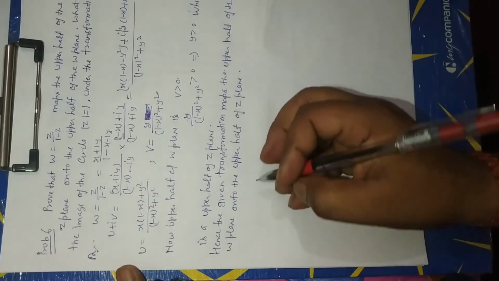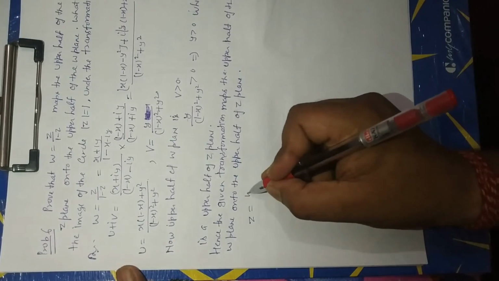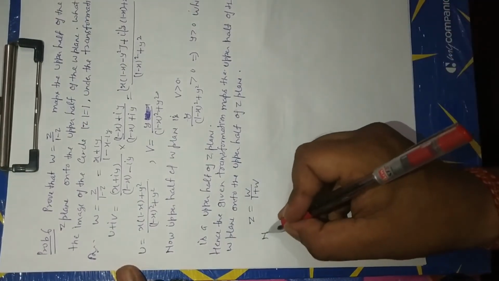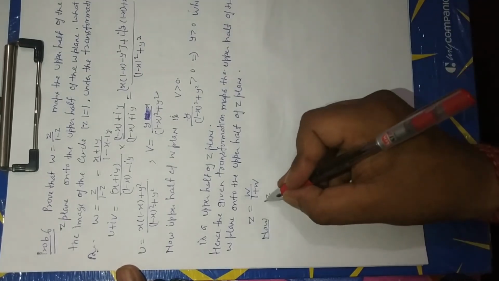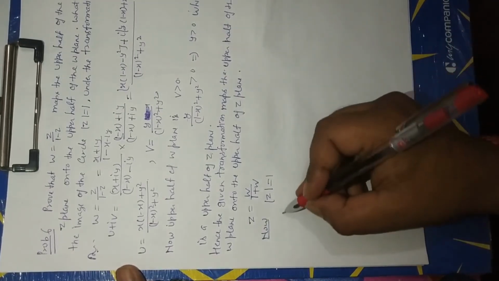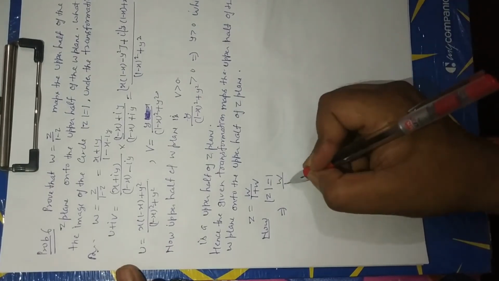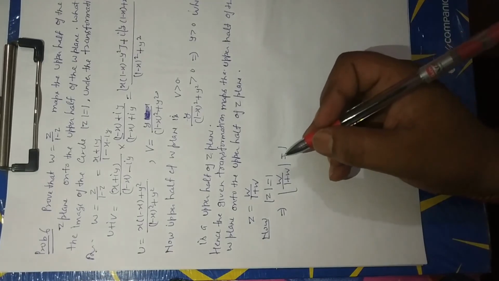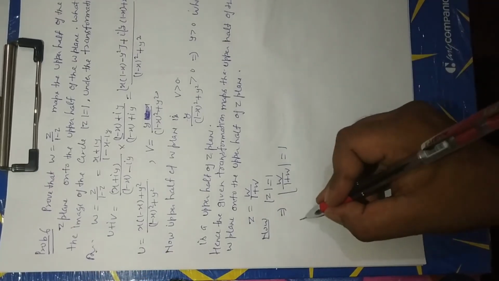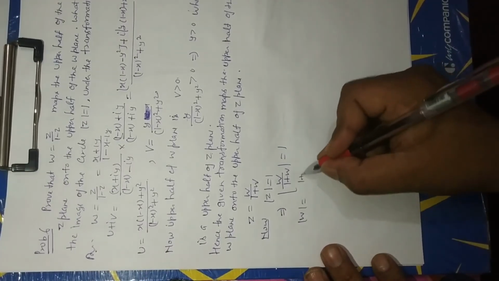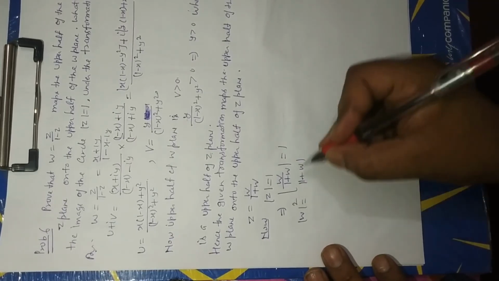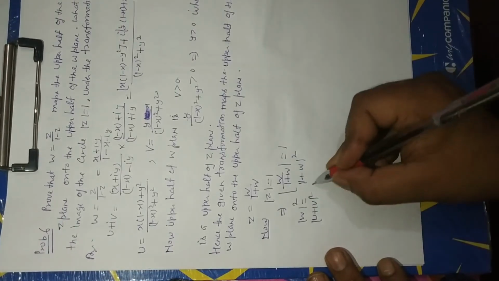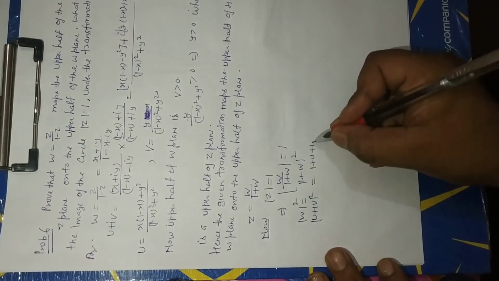Now again, z equal w upon (1 plus w). Now modulus of z is equal to 1 implies modulus of w upon (1 plus w) is equal to 1. That is, modulus of w is equal to modulus of (1 plus w). Now squaring both sides: modulus square of (u plus iv) equals modulus square of (1 plus u plus iv).